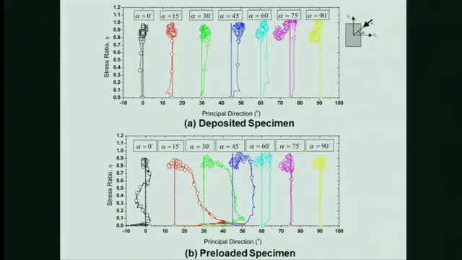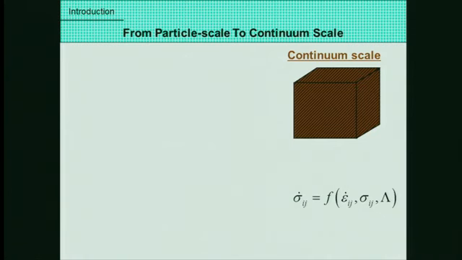In these two plots, the vertical lines are the strain increment direction, and the symbols give you the stress direction. So why do we have a similar anisotropic structure and totally different responses? That's a question I asked myself about 3-4 years ago.